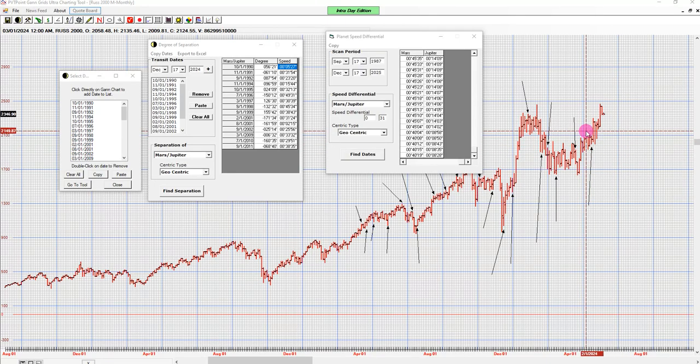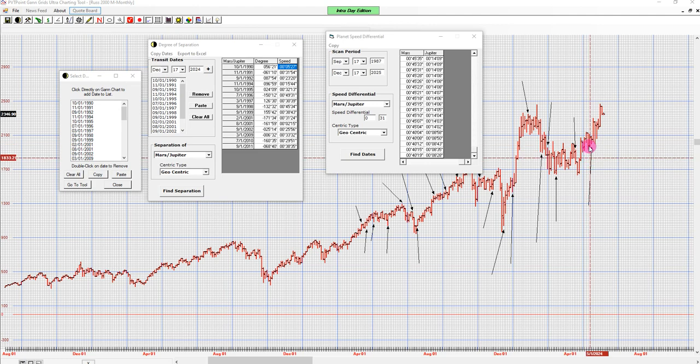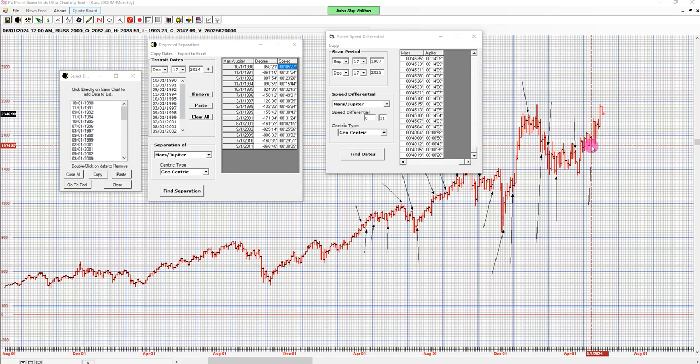It was forming this little triangle on the monthly chart, making these inside bars with narrower range until we got to May, where May has the smallest range of all, because the planetary speed differential there was so tight and even. It pretty much caused the market to consolidate extremely tightly in that time period.